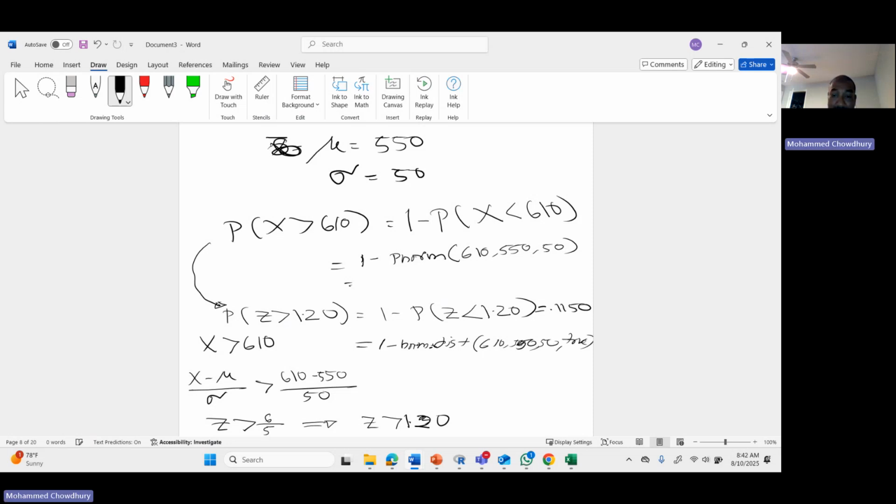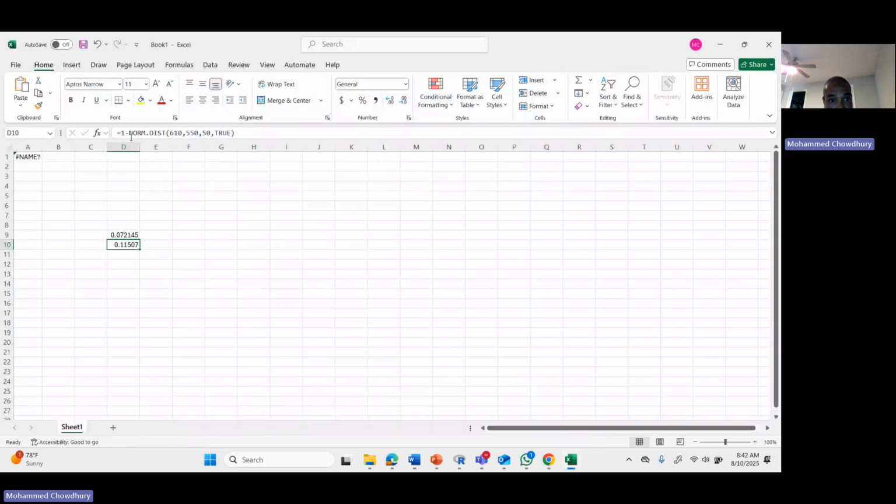Then you will get the result. Sorry for bad handwriting, but let me show you: 1 minus norm dist 610, 550, like this.